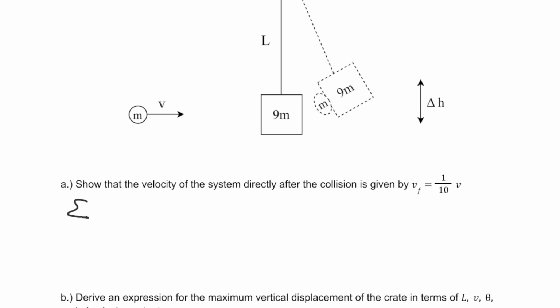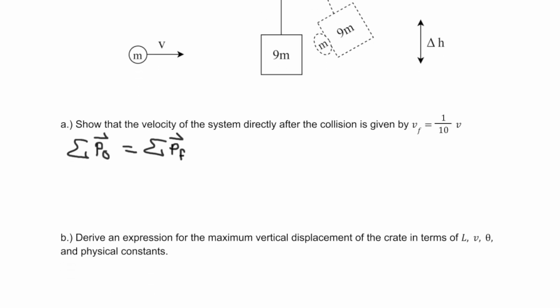So we know that momentum is conserved in this process because there's no external force. Again, it's not conserved the entire time, just during the collision, because after the collision, gravity is going to change the momentum, but during the collision, momentum is constant.